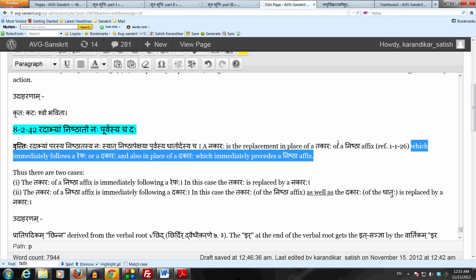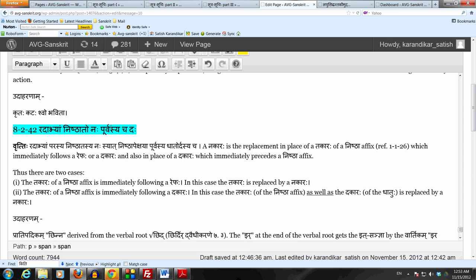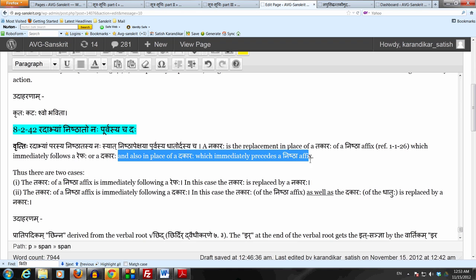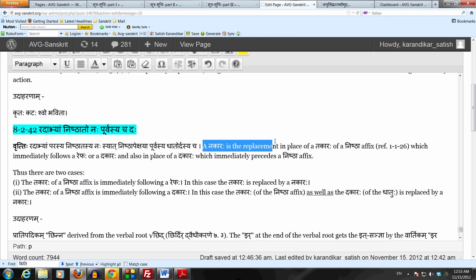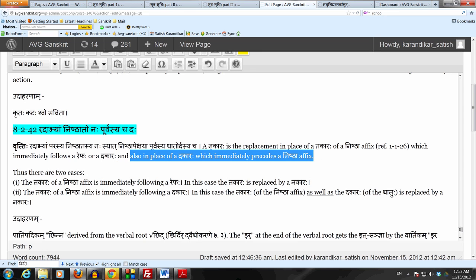That is one part of this sutram. The second part, purvasya cha daha, means that if we have a dakaraha prior to a takaraha of a nishtha pratyaya, then that dakaraha also changes to a nakaraha. So nakaraha is a substitute in both these operations.